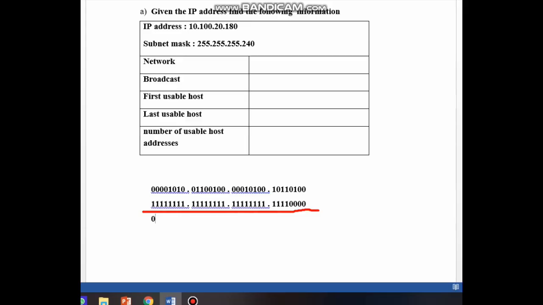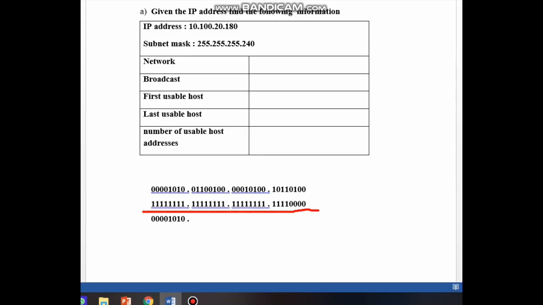So 0 and 1 is 0. Once again we have another 0 and 1, so it's 0. Then 0 and 1 here, so 0. Another 0 and 1, so 0. Then we have 1 and 1 here, so carrying out the AND operation will give you a 1. We have 0 and 1, so that's 0. That's another 1 there, and 0.